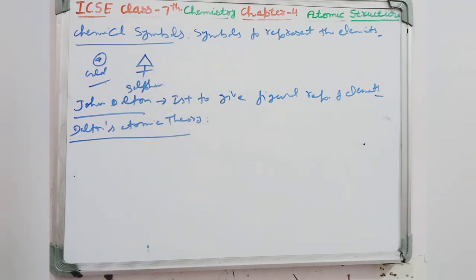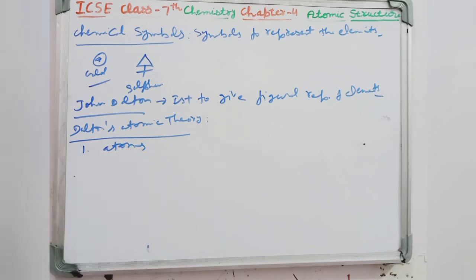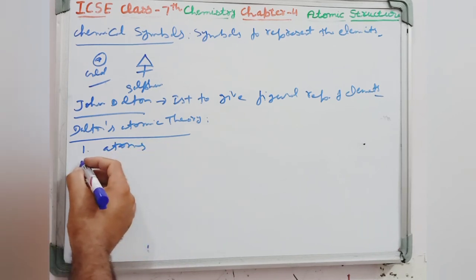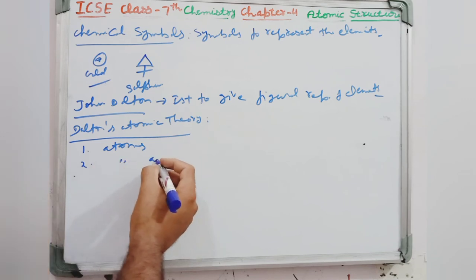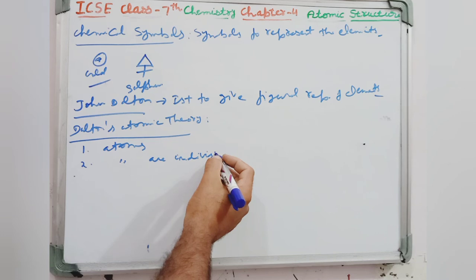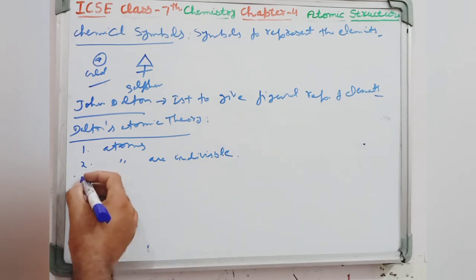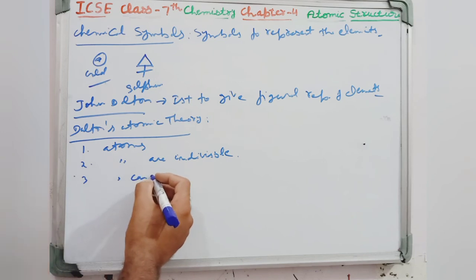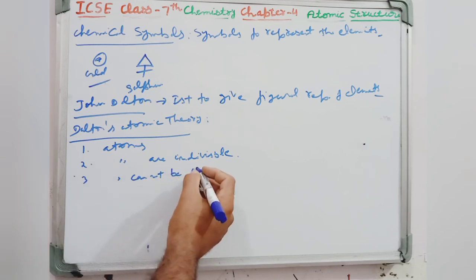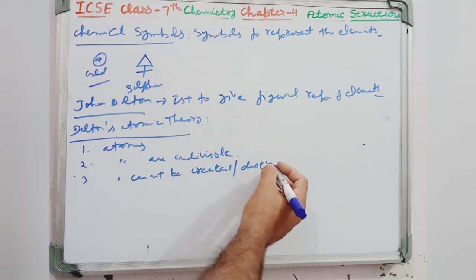Dalton's atomic theory you can read in your book. Matter is made up of tiny particles called atoms. Atoms are indivisible, they can't be further divided. Atoms cannot be created or destroyed.